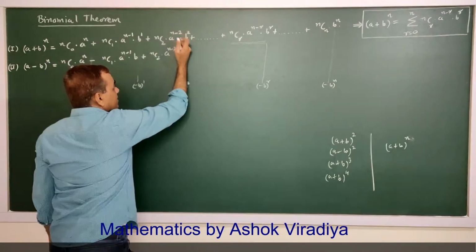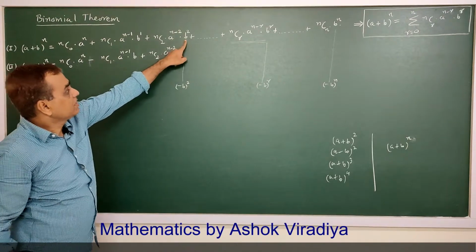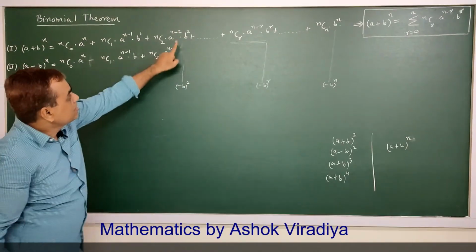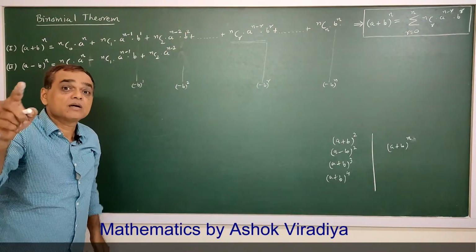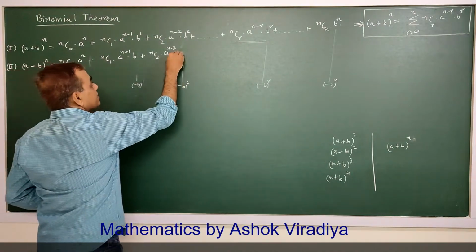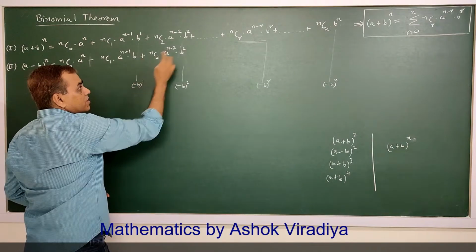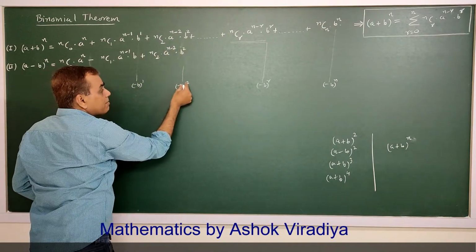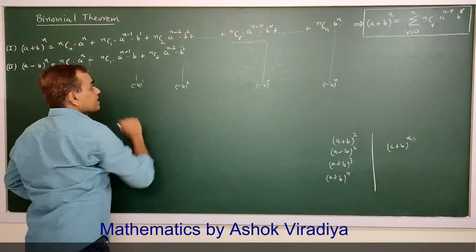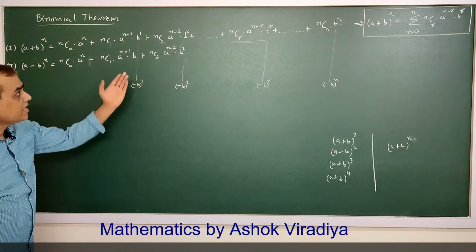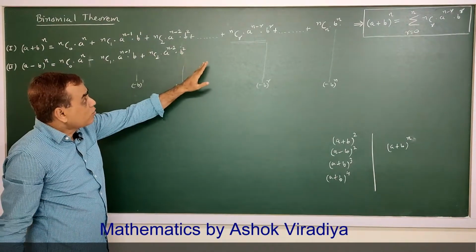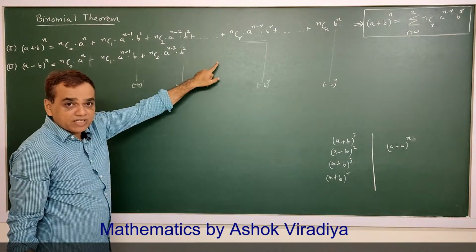Now here I am replacing this b by minus b. So minus b whole square is b square, so it remains unchanged. This will be plus. Then the next term contains b cube.